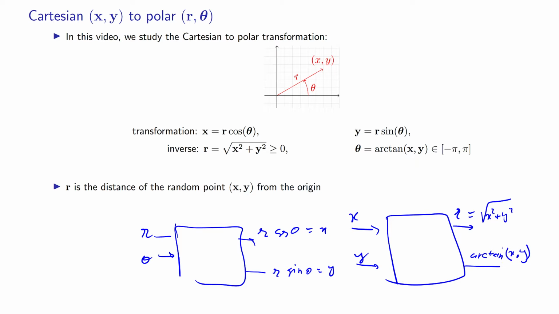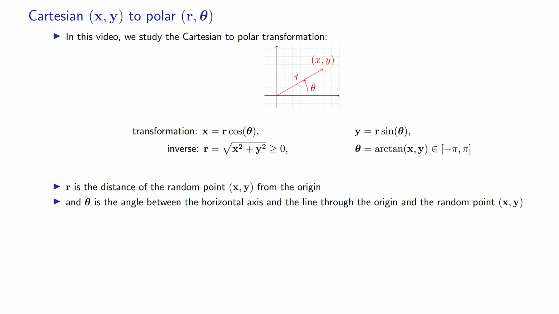So in MATLAB you put an extra 2 here, and this gives you theta. So what you see is that there is a one-to-one relationship between this pair and this pair. So r is the distance and theta is the angle.